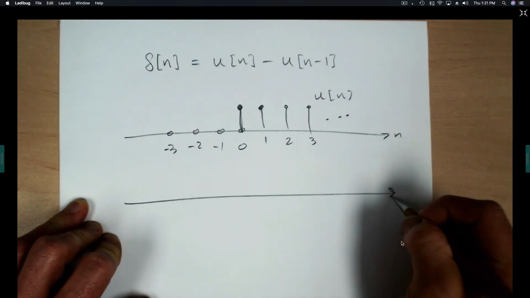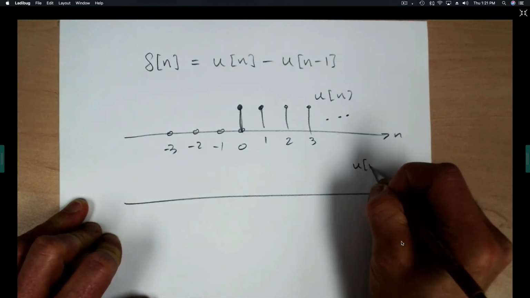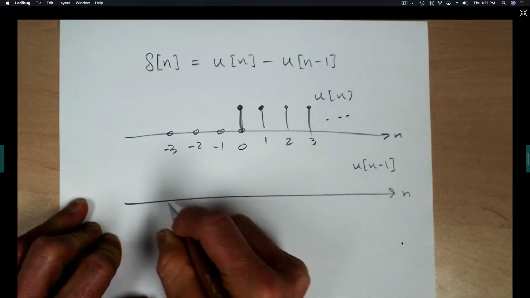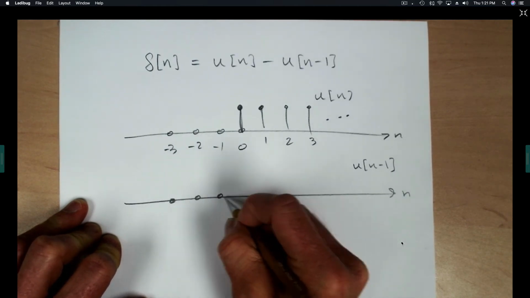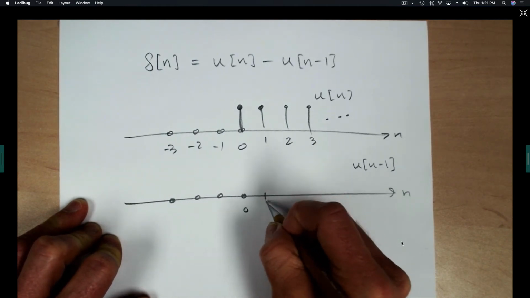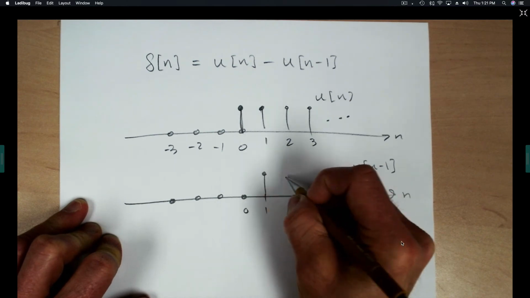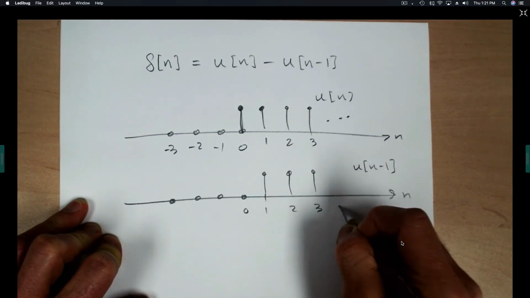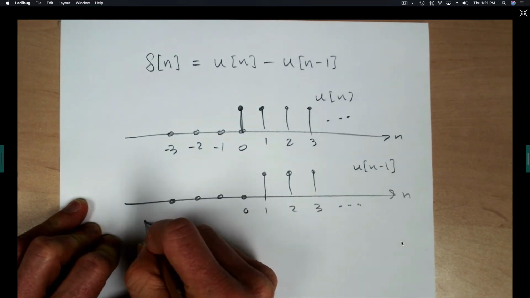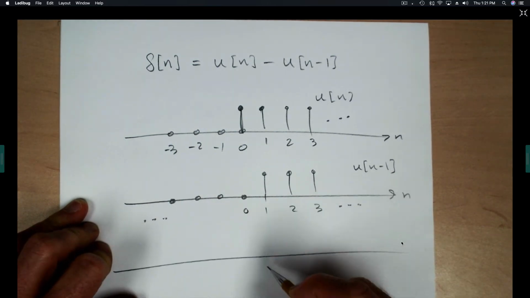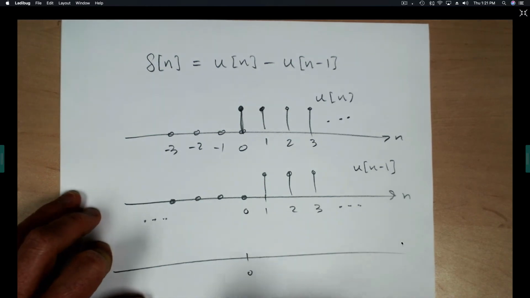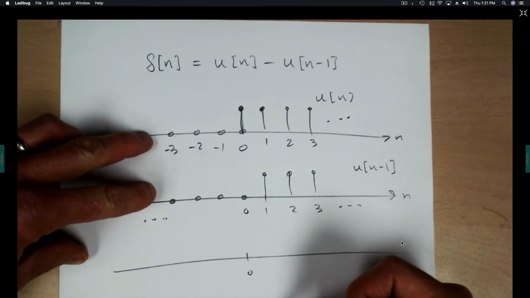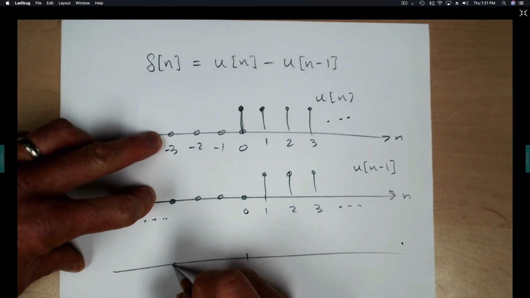If we draw also u of n minus 1, that will be 0, 0, 0, 0 at time 0, and at 1 it turns on because we've delayed by one sample, and so on. Now if we subtract these things, over here at negative times I have 0 minus 0, so that gives me 0.